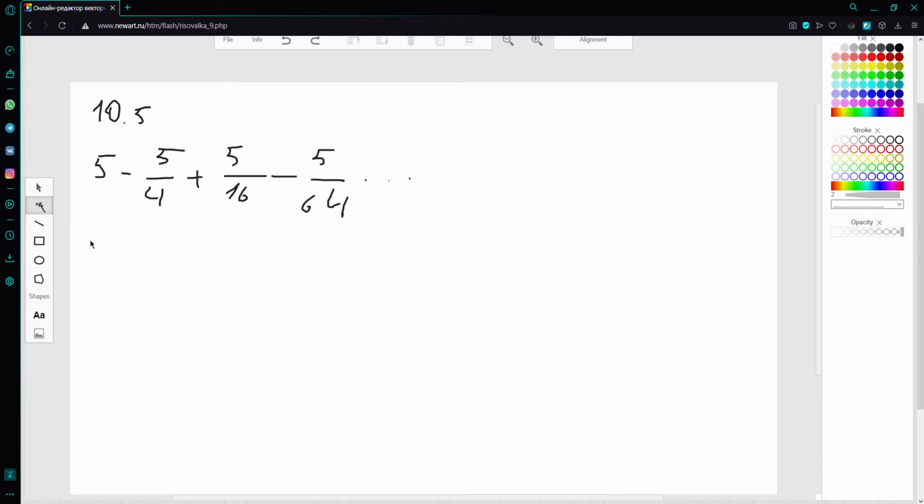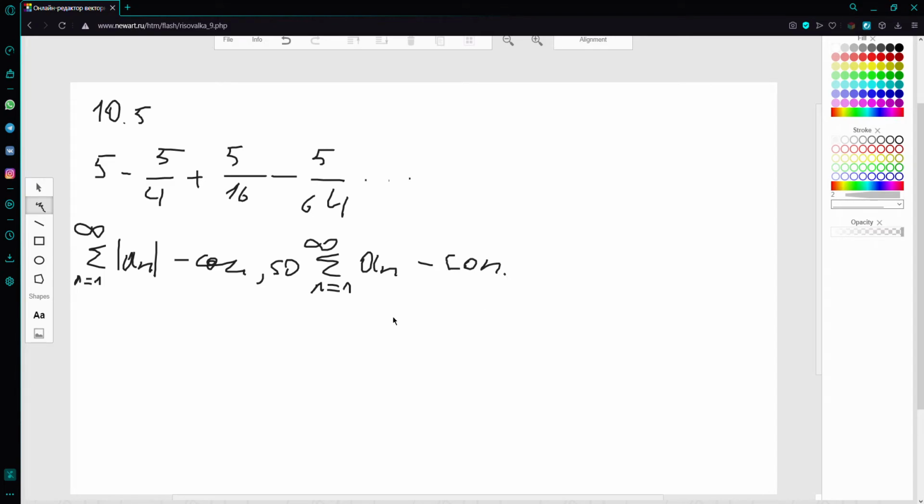So by the theorem, if the series of |a_n| converges, then the series of a_n will also converge. So this is what we have.